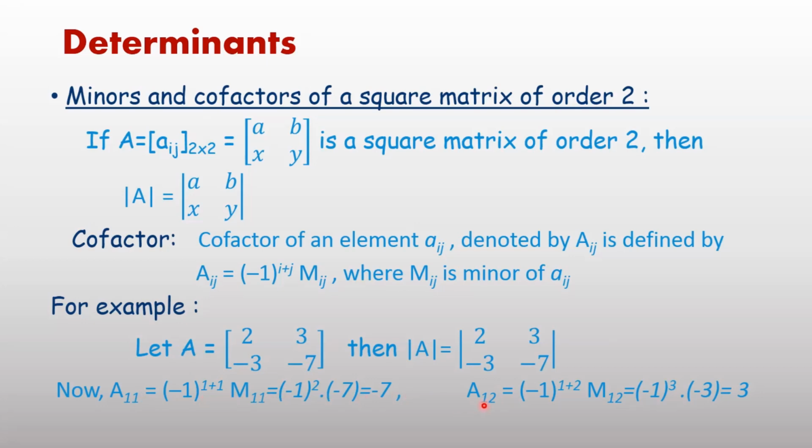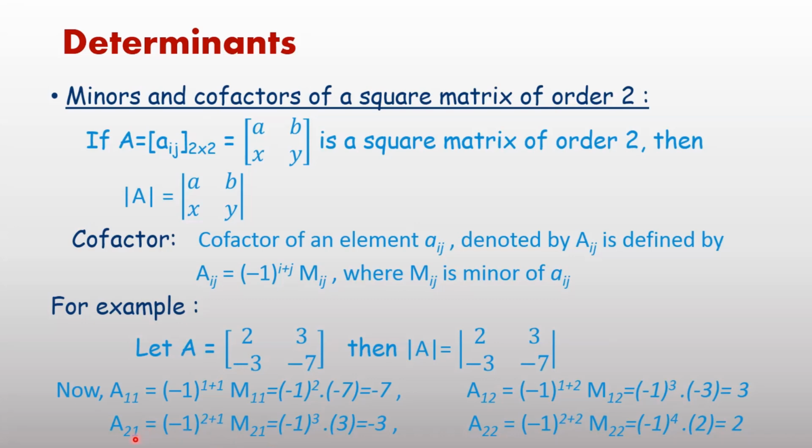In the case of A12, it means (-1) power 1 plus 2 into M12, (-1) power 3, and the value of M12 already discussed is -3. (-1) power 3 means a minus sign, so -1 into -3 is 3.